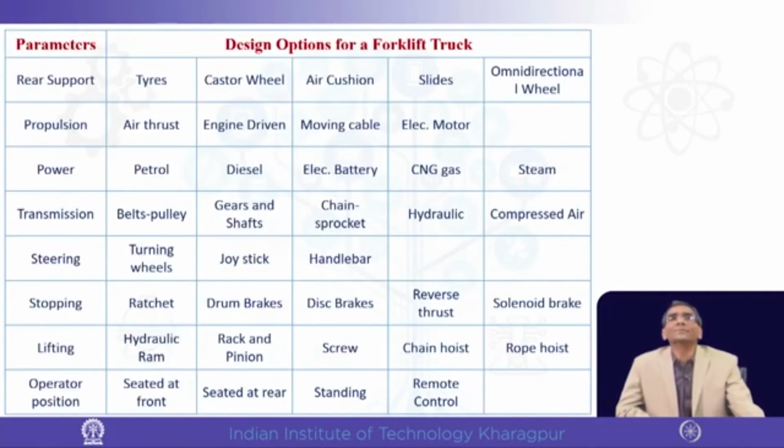So, here, look at the chart, the 8 parameters are placed on the left hand side column in rows. Against, say, rear support, how can the rear be supported? Tires, caster wheel, air cushion, slide.